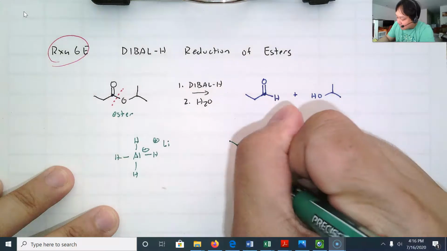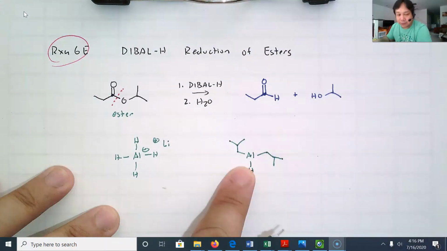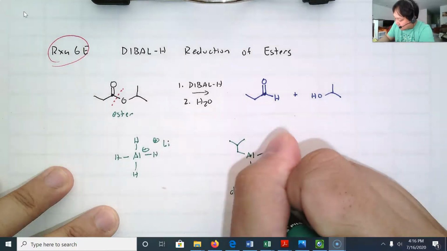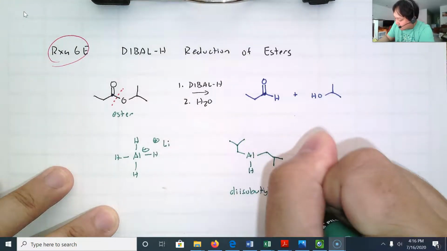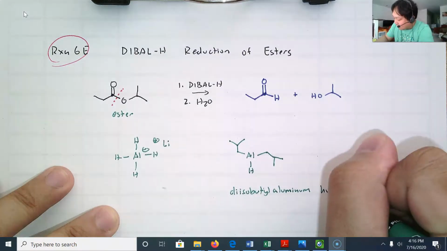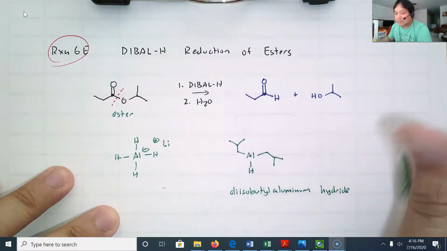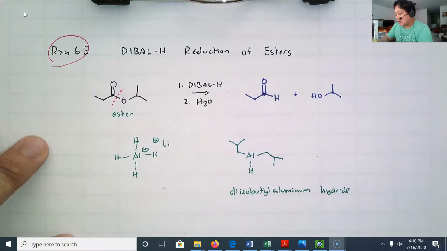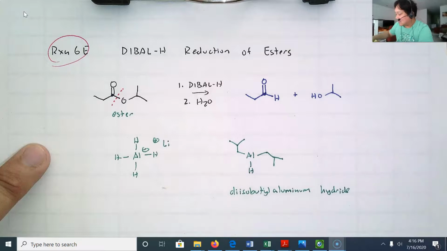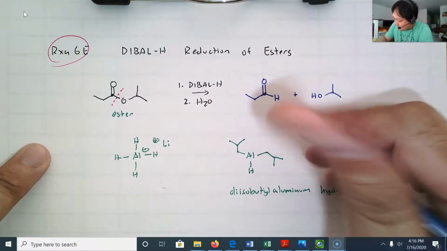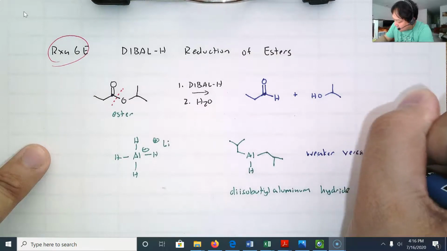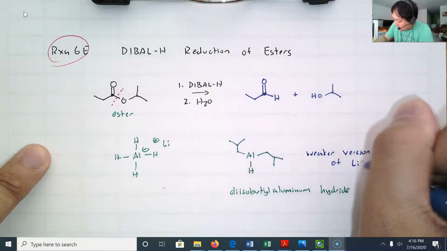It does have 1 hydrogen, so the aluminum is neutral. Diisobutyl aluminum hydride. DIBAL or DIBAL-H. Same difference. We could think of this as a weaker version of LiAlH4.